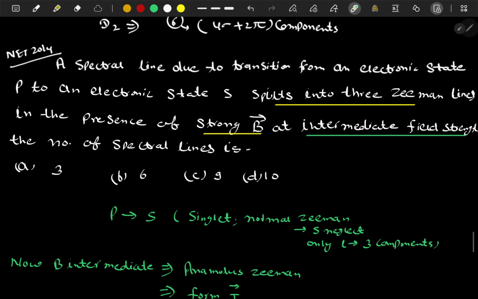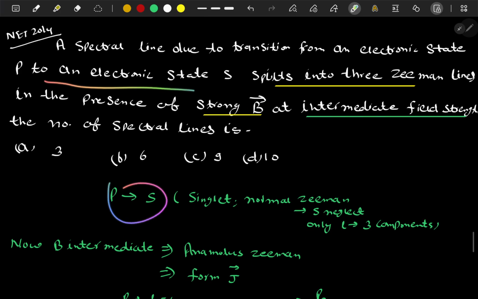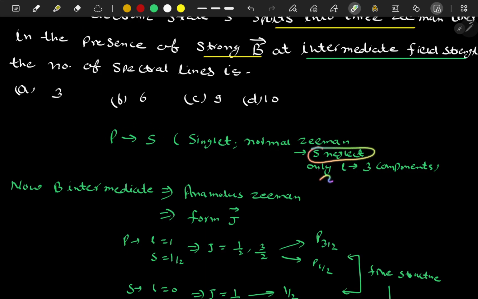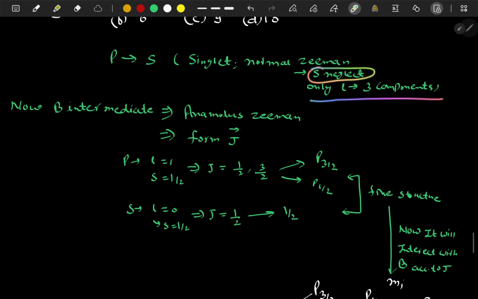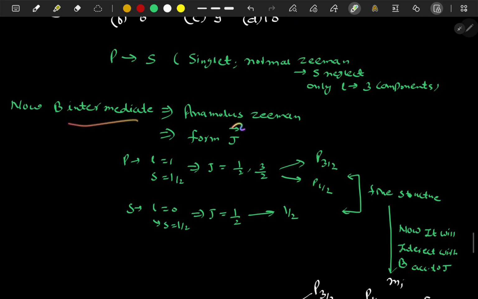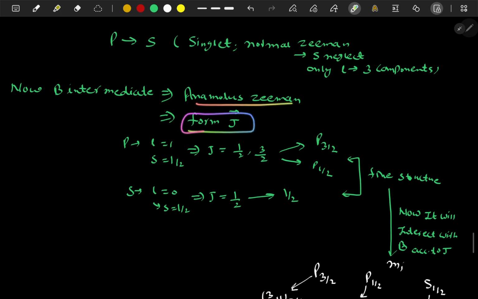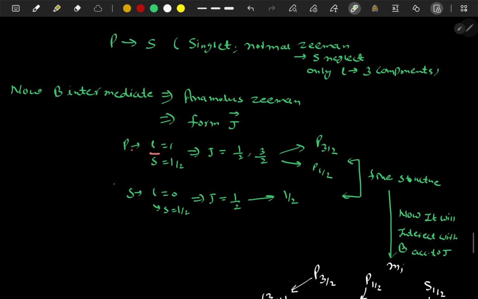So the transition is happening from a P to an S state. So P to S, which is a singlet state, normal Zeeman effect is observed. So we calculate the spin part. So only three components will be there. Now when intermediate B is applied, it will form J. So P is L equal to 1, S equal to 1 by 2, and for S, L equal to 0, S equal to half.